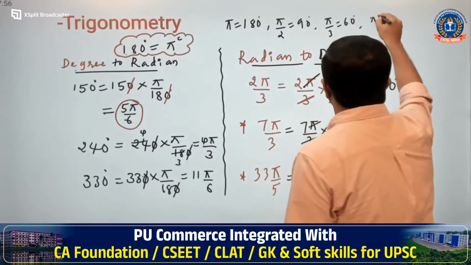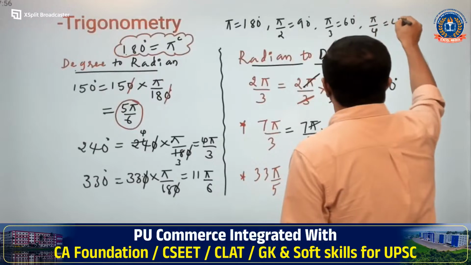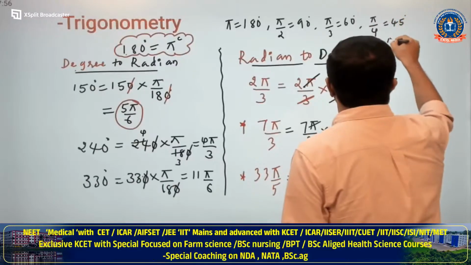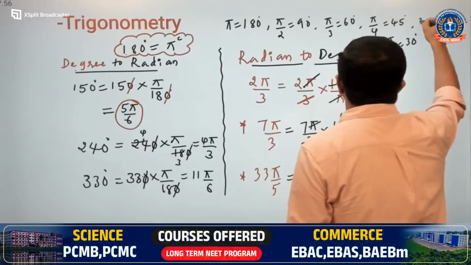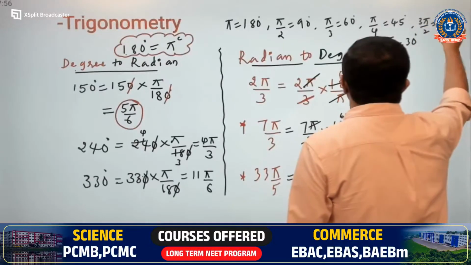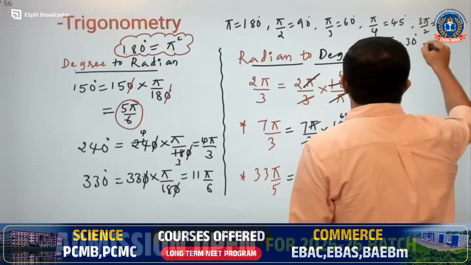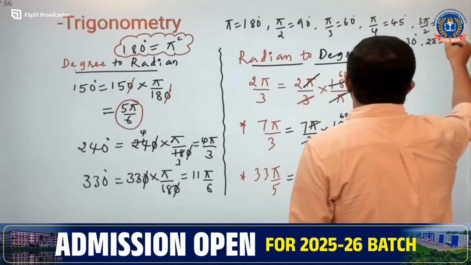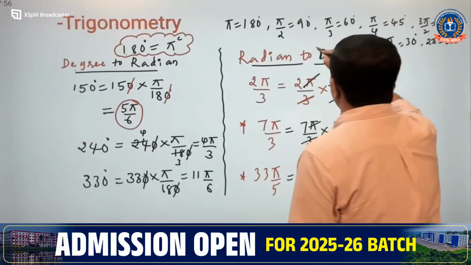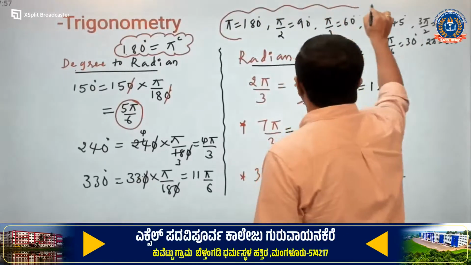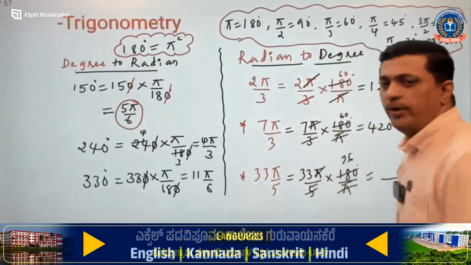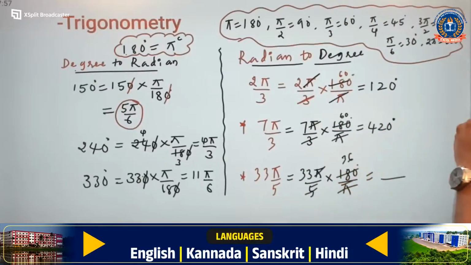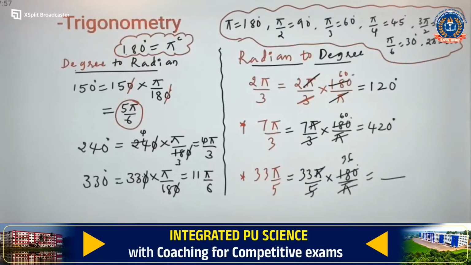Pi by 4 is 45 degree, pi by 6 is 30 degree, and we also have 3 pi by 2, which is 270 degree, and 2 pi, which is 360 degree. So these are some ideas you must have. These are the basic formula list. Okay.